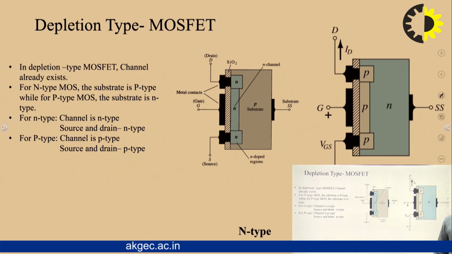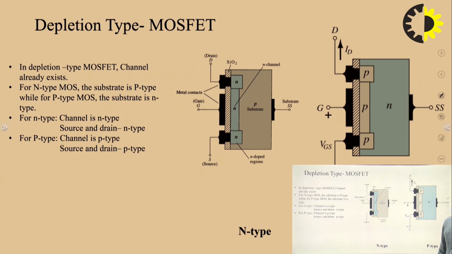Now let's begin with the topic of depletion type MOSFET. As we discussed in the last slide, it has N type and P type depletion type MOSFET. You can see here the first one is the N type MOSFET and the second one is the P type MOSFET.